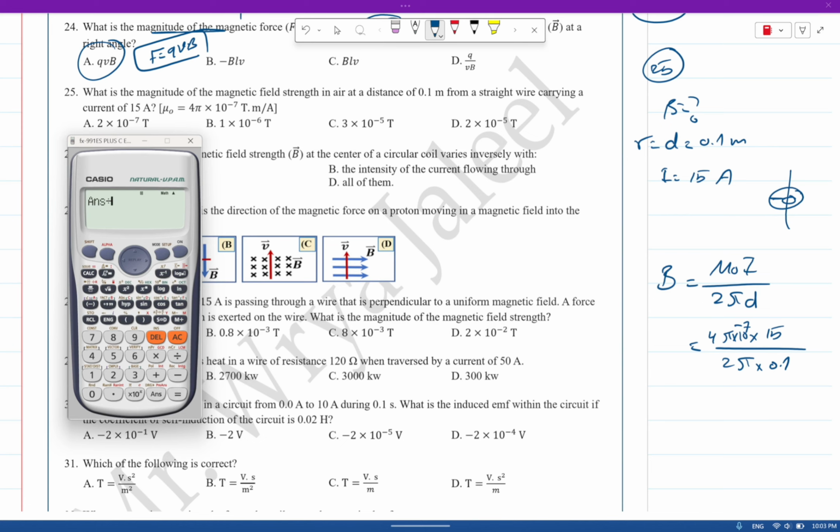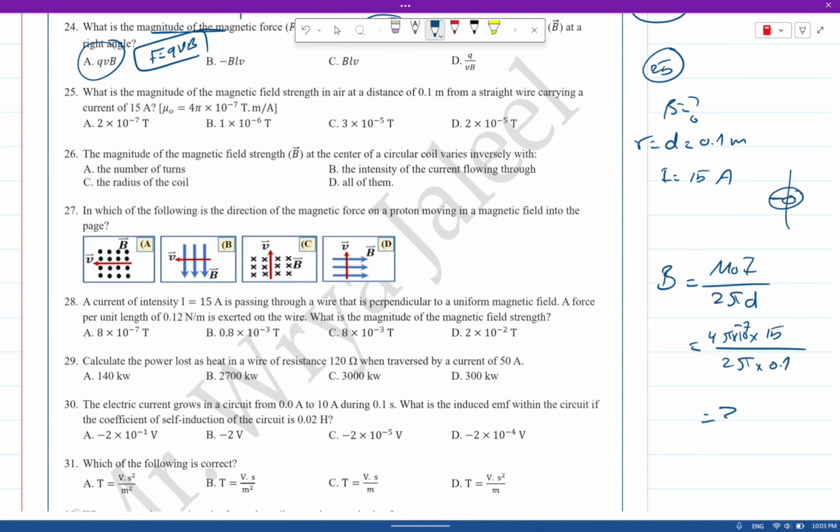You always press equal so that it makes it easier for you. Divided by, now you can open bracket 2 pi times 0.1. And of course the answer is 3 times 10 to the power negative 5 Tesla, because it is a magnetic field. Do we have this? Yes, that is option C.